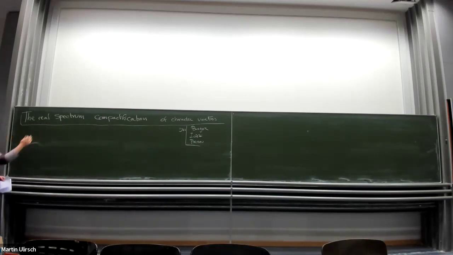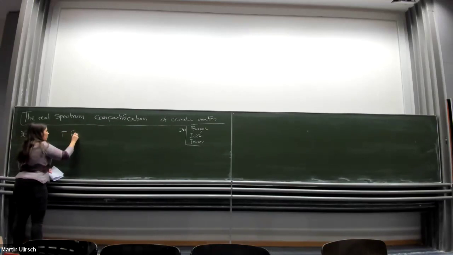Okay, so what we are interested in are character varieties, denoted by X(Γ, G), where Γ is a finitely generated group.